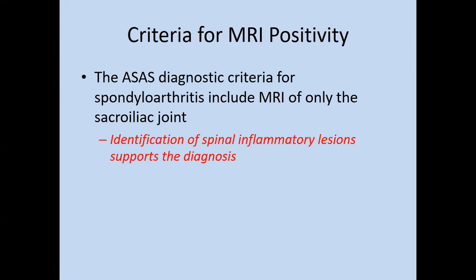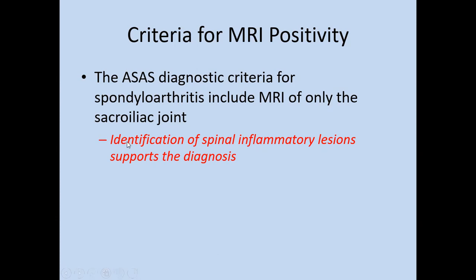So how can we describe an MRI as positive? What is the criteria for MRI positivity? We go back again to the ASAS criteria for diagnosing active disease. It is basically identifying active sacroiliitis in the sacroiliac joints.